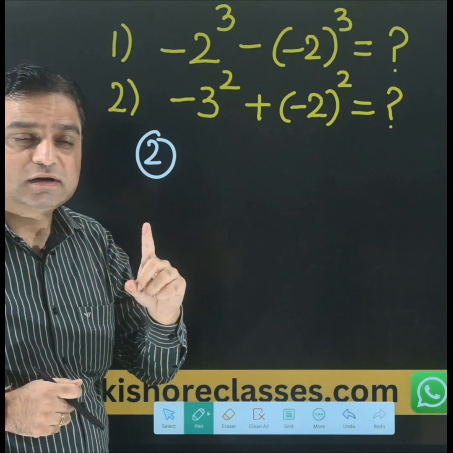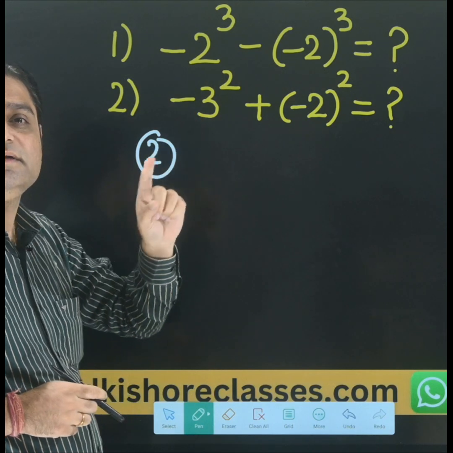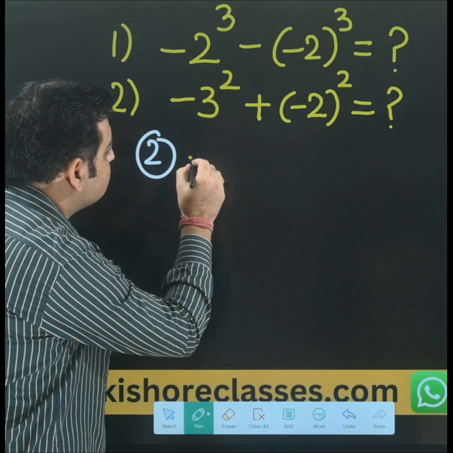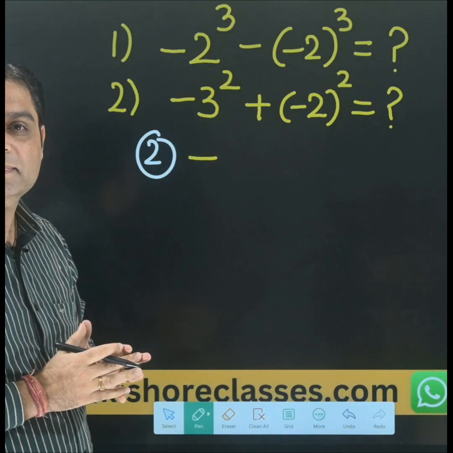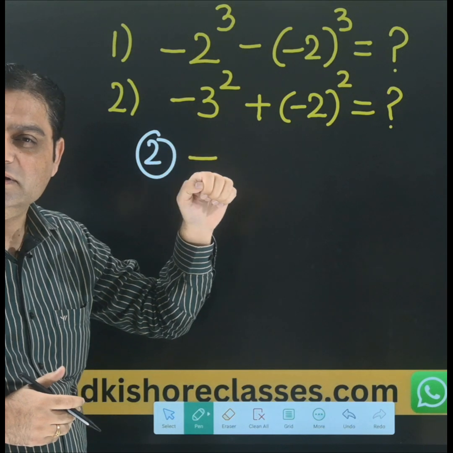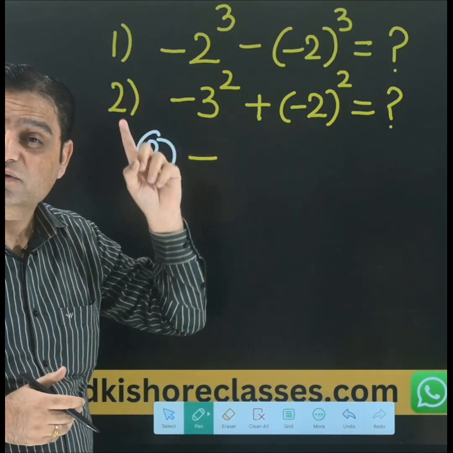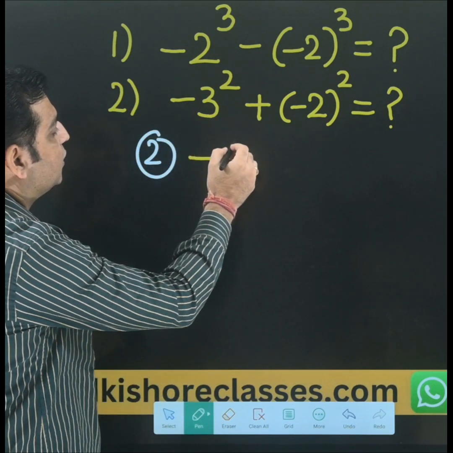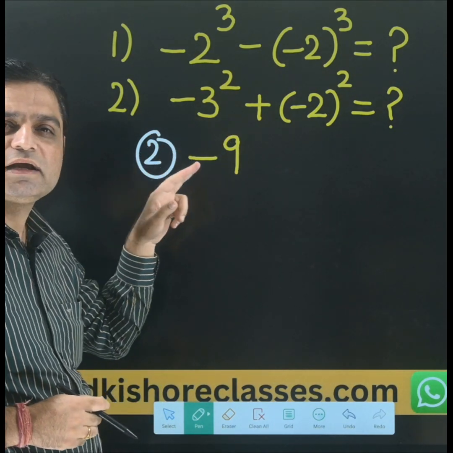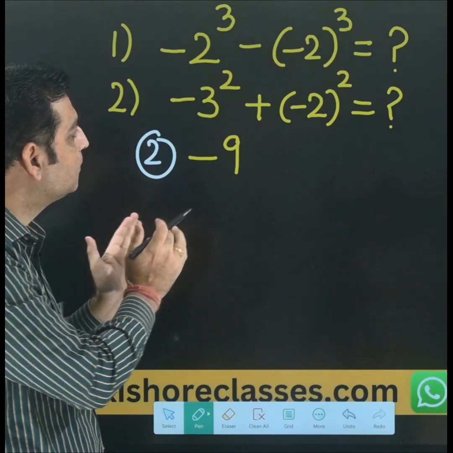But as told earlier, this negative sign without a bracket is just a sign of arithmetic operation. This square is there only on 3. Do remember, it is only on 3. 3 square is 9. This square will not impact the negative sign in front of it.